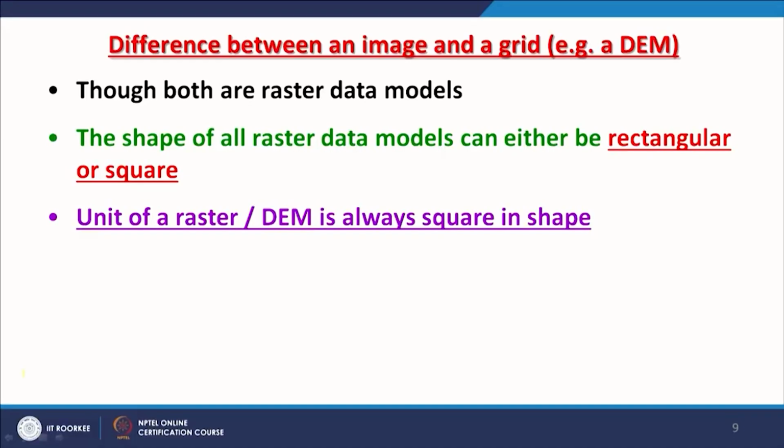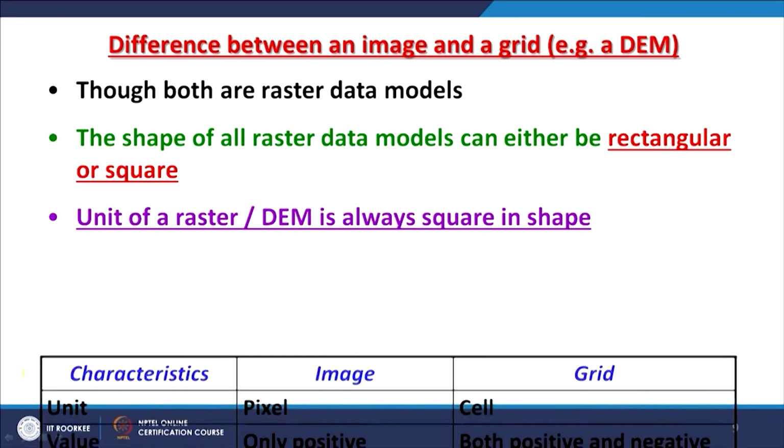In the case of a grid, the overall shape is rectangular or square, and each unit of an image is called a pixel, and the shape of that one is always square, whereas the overall shape of a raster, whether image or grid, can be square or rectangular.